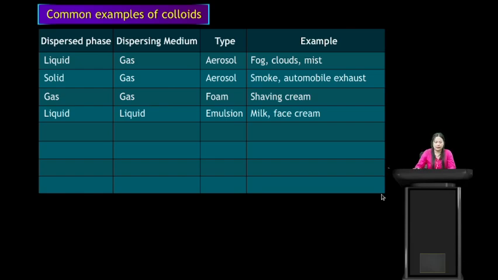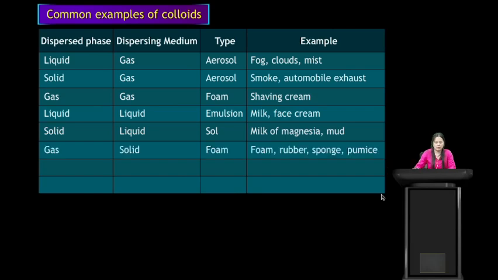The next is if the dispersed phase is solid and the dispersing medium is liquid. This type of colloid is called sol, and some examples are milk of magnesia, mud. The next is if the dispersed phase is gas and the dispersing medium is solid.